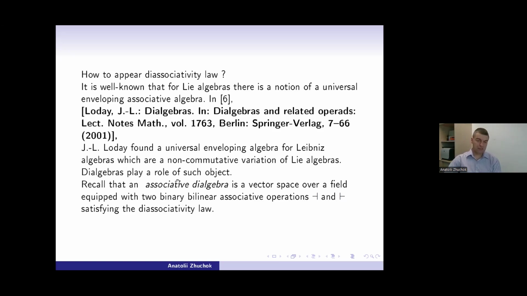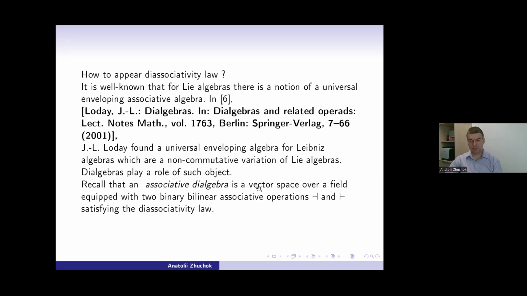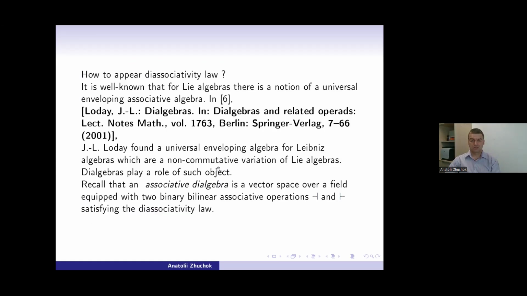The definition, once again: an associative dialgebra is a vector space over a field with two binary bilinear associative operations satisfying the deassociativity law, so D1, D2, D3. So we have a vector space over a field plus these axioms. This object is a universal enveloping algebra for a Leibniz algebra.